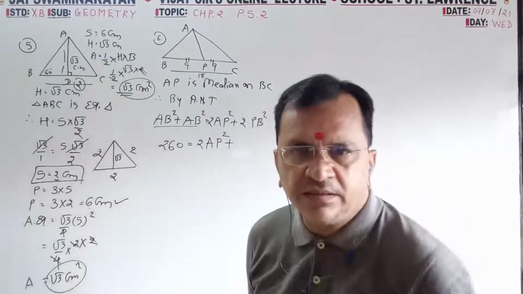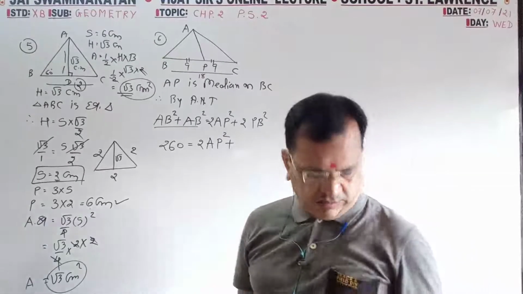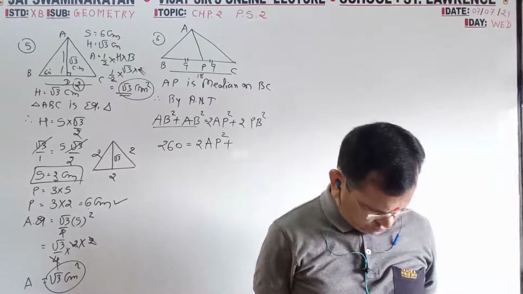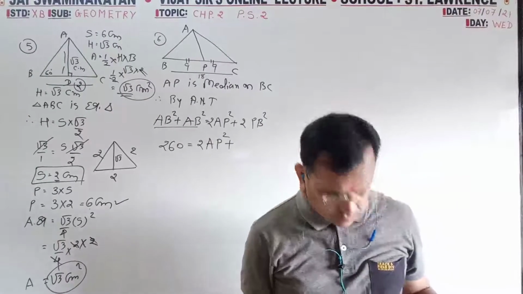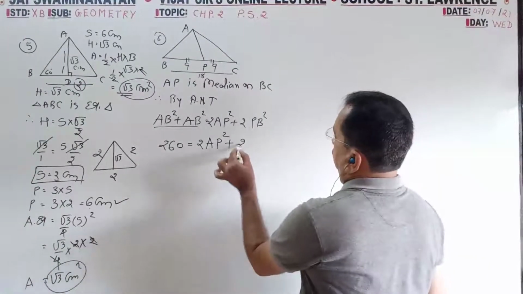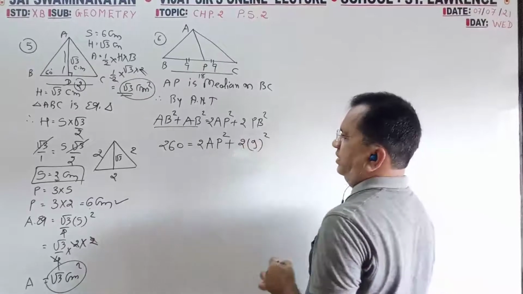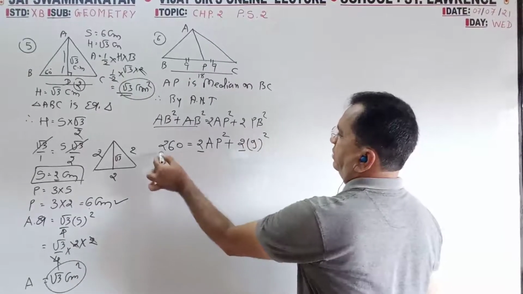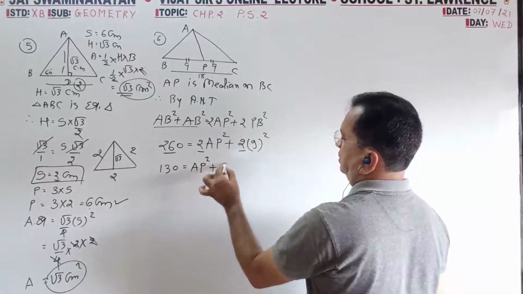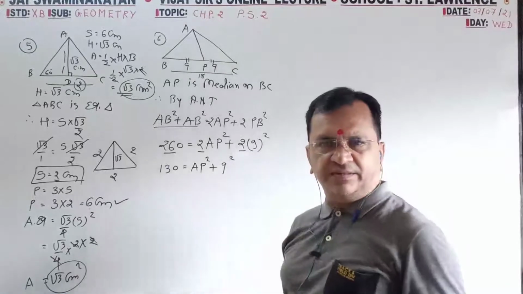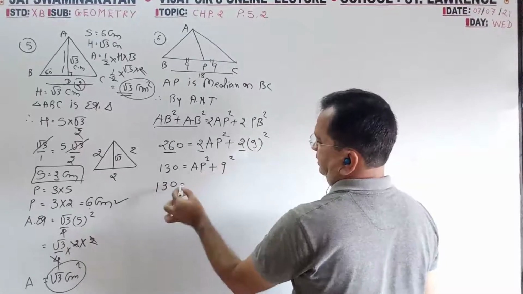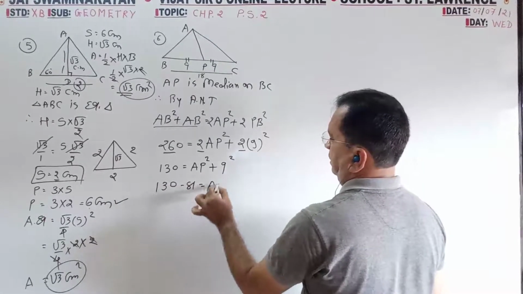Median. So it is 2, 9 square. Divide by 2, divide by 2, divide by 2. So it is 130, AP square, 9 square. 9 9s are 81, AP square.